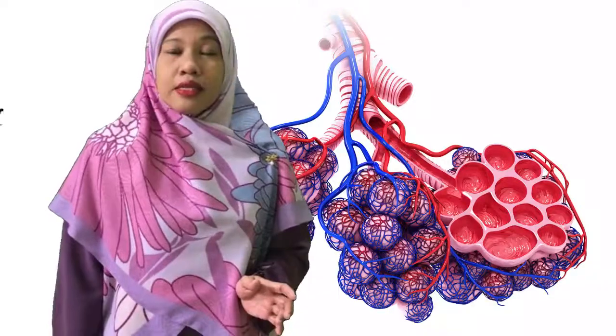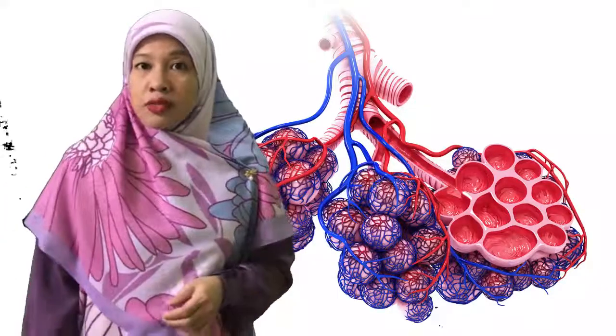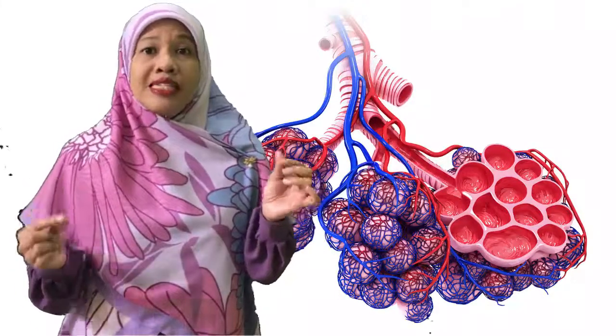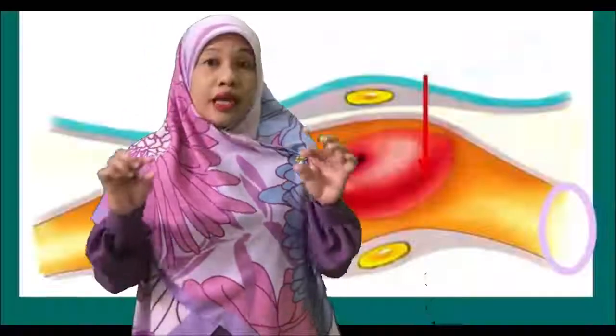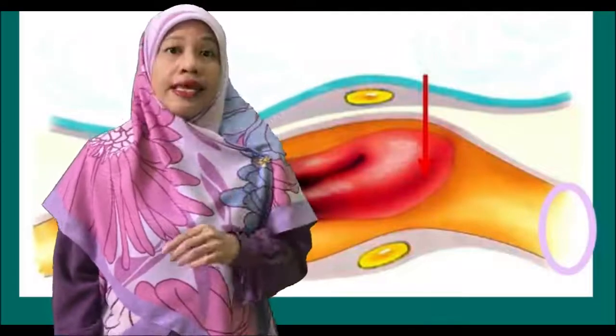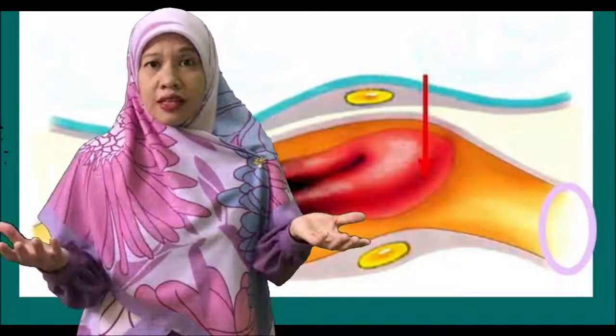To facilitate the diffusion of the respiratory gases, the respiratory surface must have several adaptations, in which the blood capillary consists of only a single layer of simple squamous epithelium, and the alveoli surface also consists of a single layer of simple squamous epithelium, which is very thin.